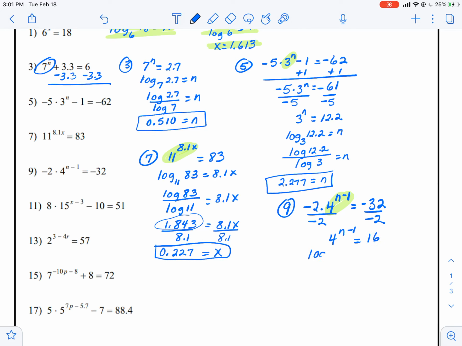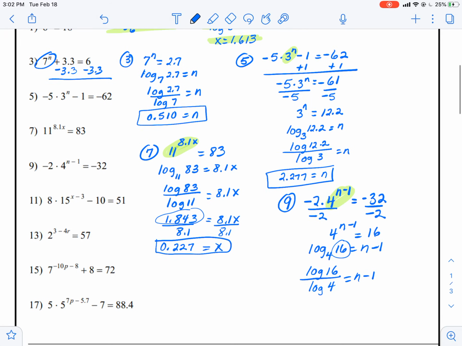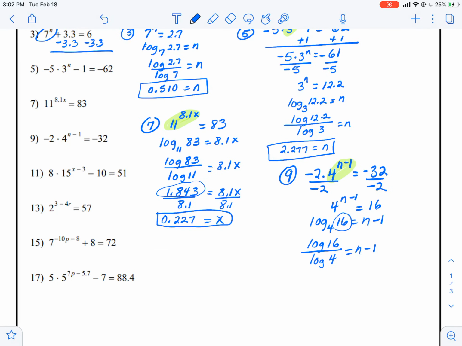Now I'm going to go to log form. Okay, and again, I'm going to run that number in my calculator. Do be sure it is always the log of your large number over the base. Okay, and then again, I'm going to run that in my calculator.